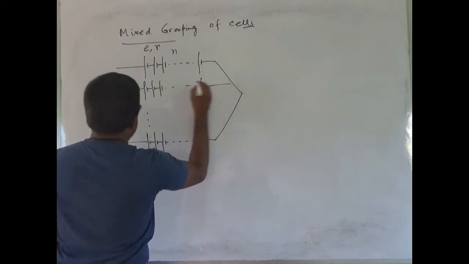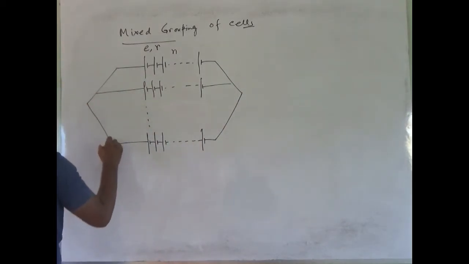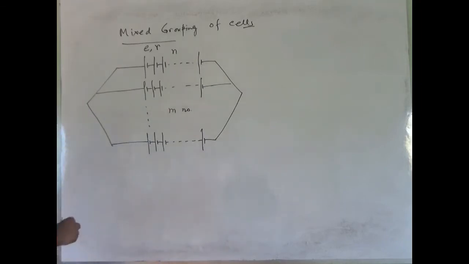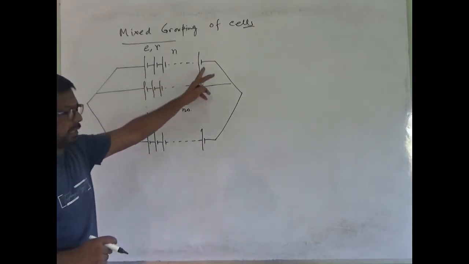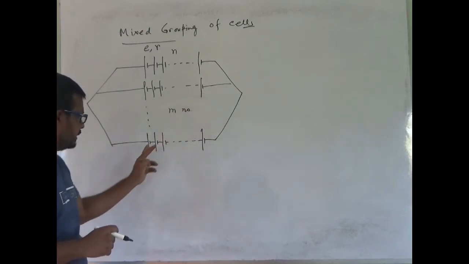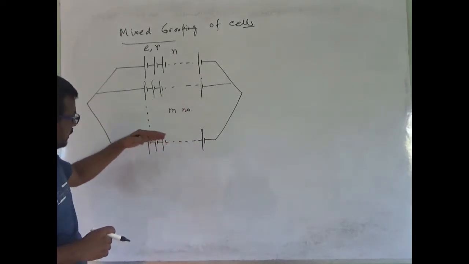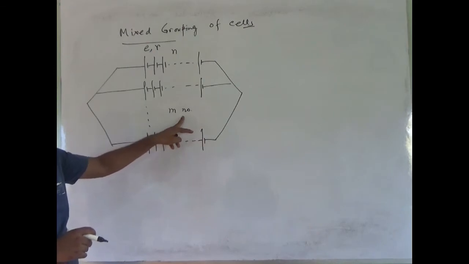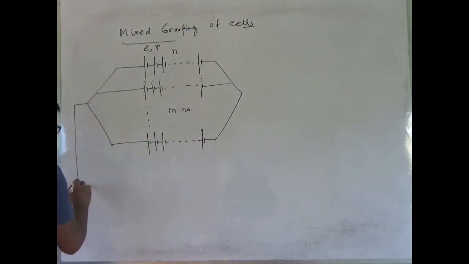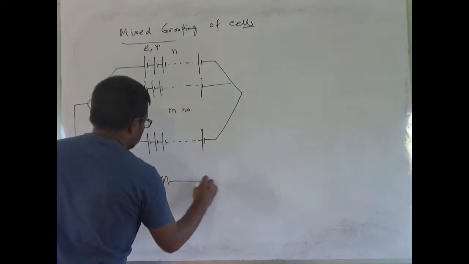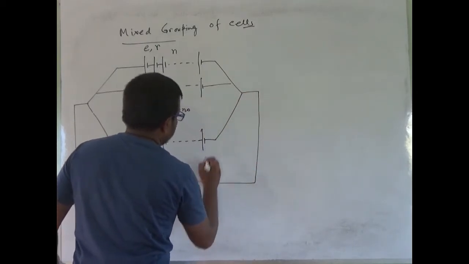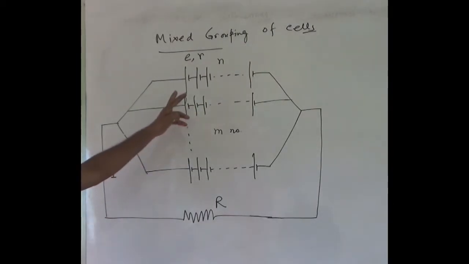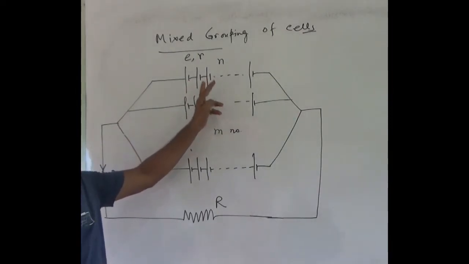All these are connected in parallel combination. Is it clear? n number of cells connected in series, and the number of lines is m, and this combination is connected to an external resistance capital R.